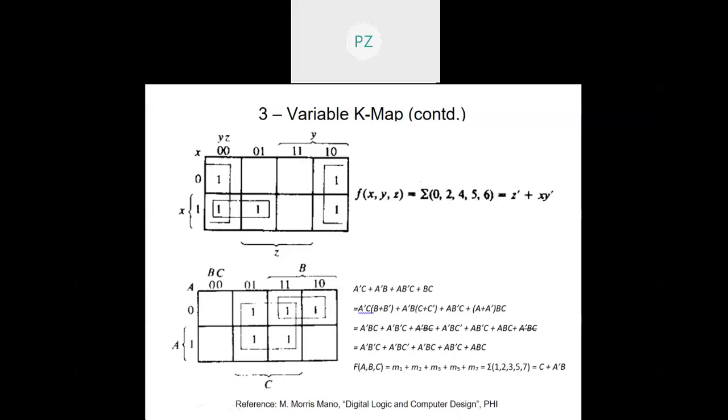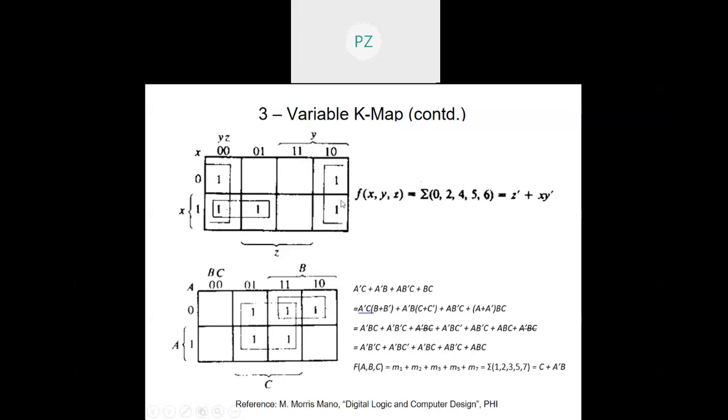Now, how do I combine them? I look for the largest possible combination of adjacent ones in powers of 2, as I said in the beginning. And since this is cyclic also, I told you in the previous slide, this is cyclic also. So I can see that the largest possible combination is of 4 ones. And 4 is a power of 2. 2 to the power 2 is 4. So I'll combine all these together, right?